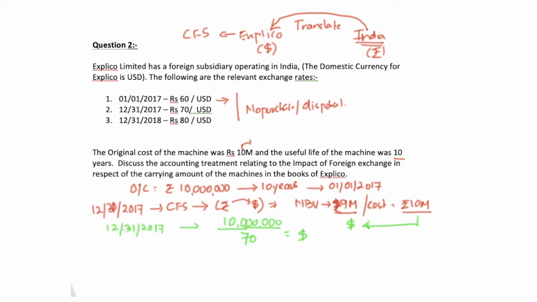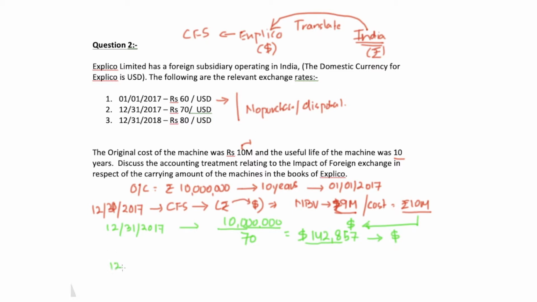So as of 2017, the cost of the asset is coming out to be $142,857. This is the cost of the asset in respect of property, plant, and equipment in dollar terms. Now, we will record this amount in the financials prepared by Explico at the dollar level.